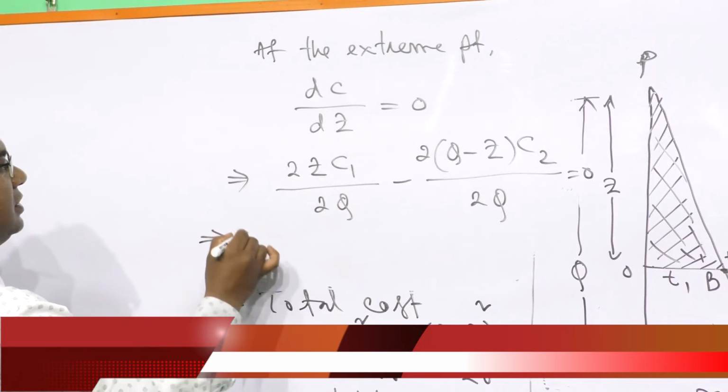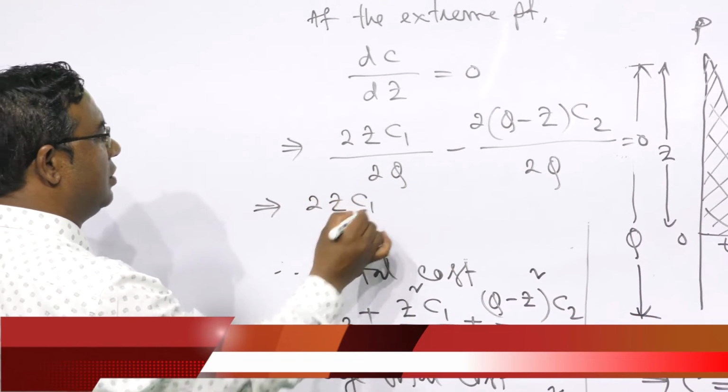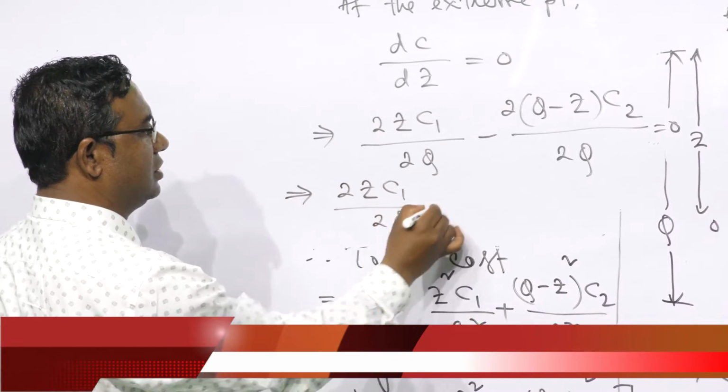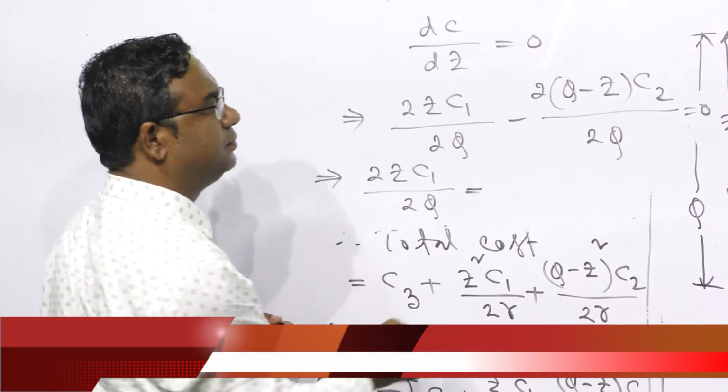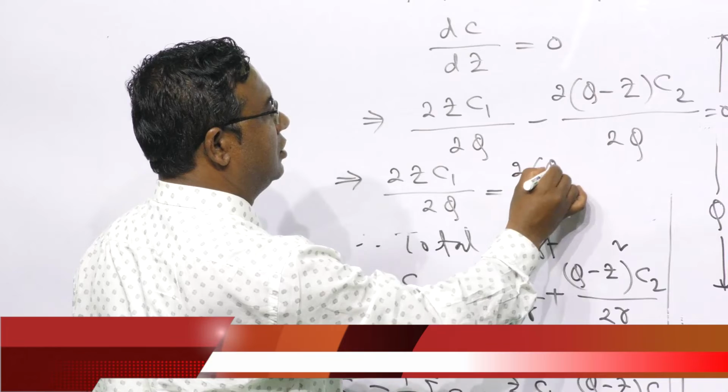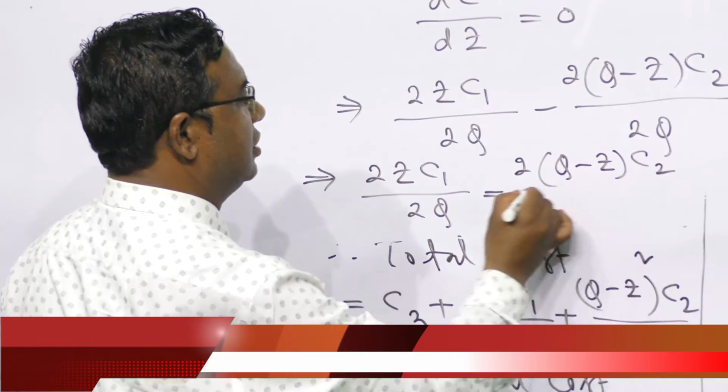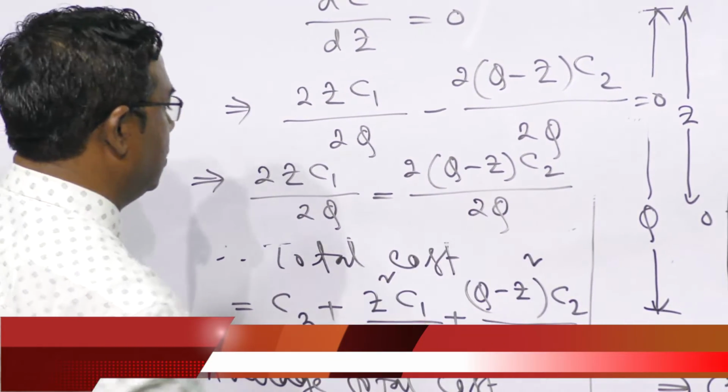So this implies 2Z C1 by 2Q equals 2 times (Q minus Z) C2 by 2Q.